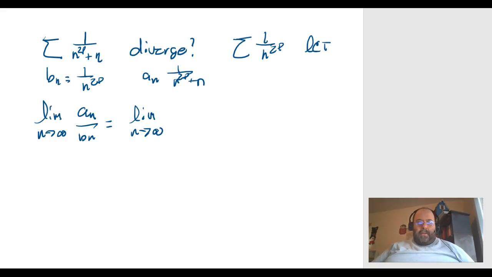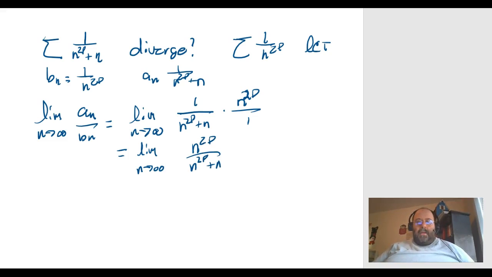So an is 1 over n to the 2p plus n, and bn is 1 over n to the 2p, so that's the reciprocal times the reciprocal of that, over 1. So this is the limit as n approaches infinity of n to the 2p over n to the 2p plus n.